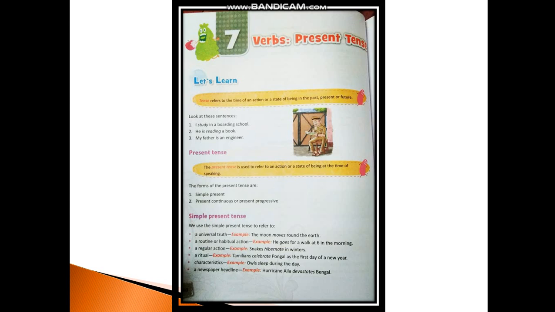And also for a newspaper headline, like for example, hurricane Aila devastates Bengal. Okay, जब भी कोई हेडलाइन, अगर आप न्यूज़पेपर की हेडलाइन या कोई अगर ब्रेकिंग न्यूज़ आप टीवी चैनल पे देखते हो, किसी न्यूज़ चैनल पे, सो इट्स ऑलवेज गिवन इन सिंपल प्रेजेंट टेंस. ओके, नेवर इन पास्ट.